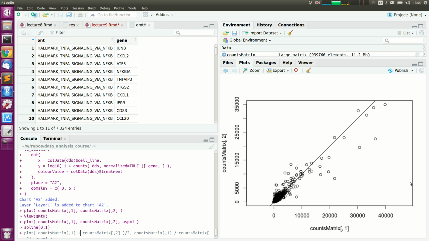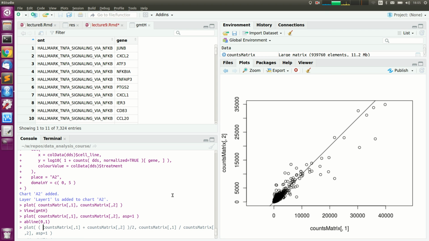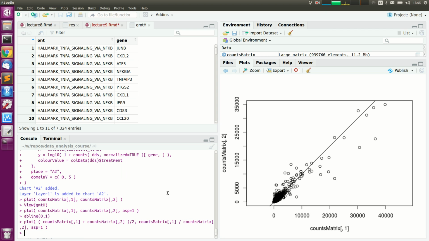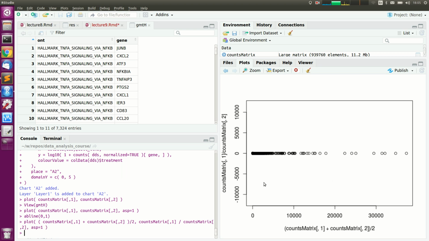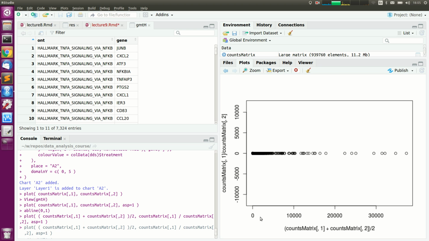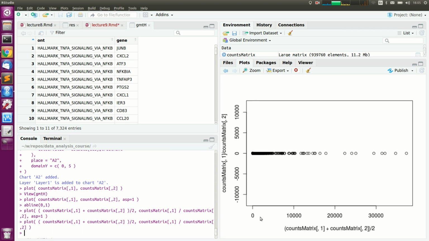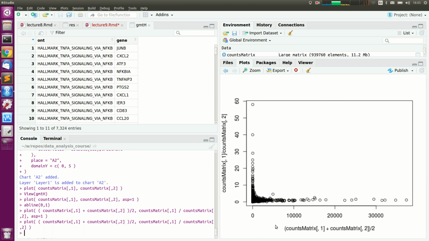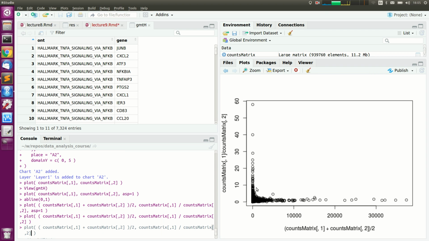So as you can now see, the x-axis is the average of the gene over the two samples, and the y-axis is the ratio. It looks strange here: the ratio goes way more up than down, obviously, because if a gene is higher in the one, it can go up arbitrarily, otherwise it can go down only to 1.